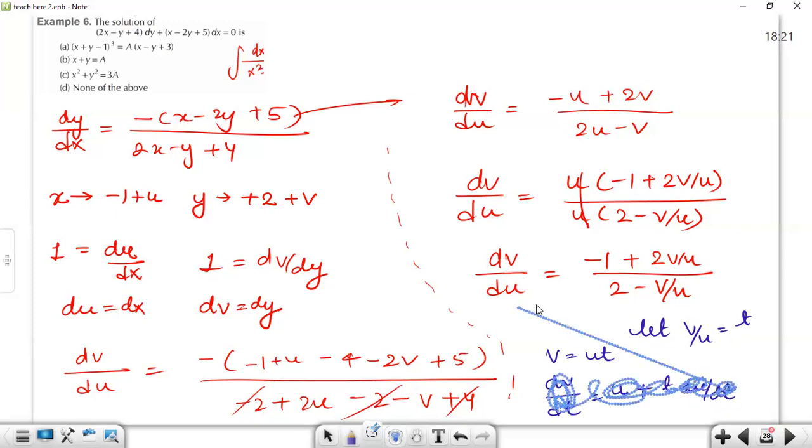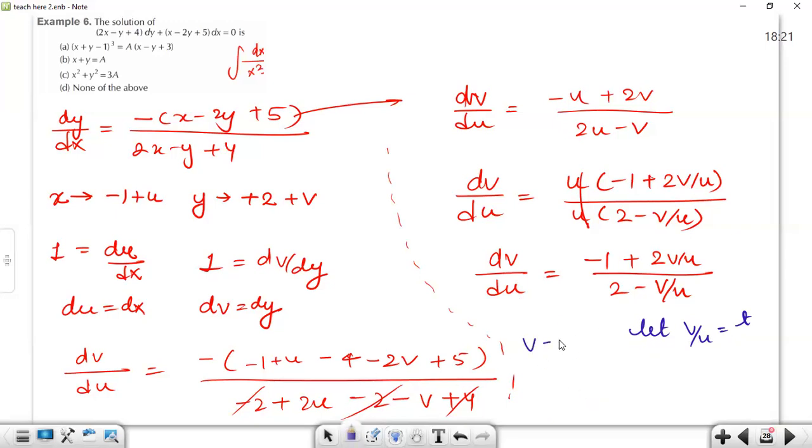So v becomes ut, differentiating both sides with respect to u: dv over du equals 1 times t, plus u as it is into dt over du. Now v by u will become t.